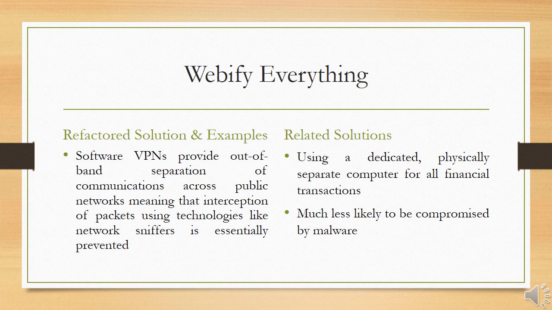VPNs are a widely deployed technology. One wonders why VPNs aren't used universally. For example, providers that send unencrypted emails across the internet are inviting exploitation of the data and possible future attacks.